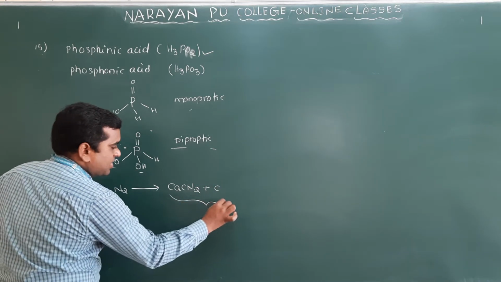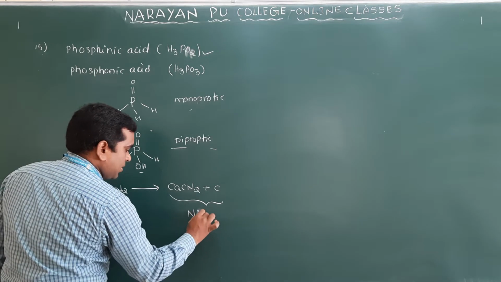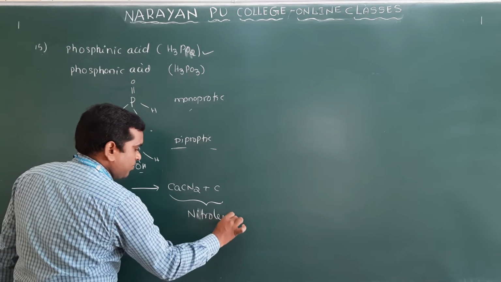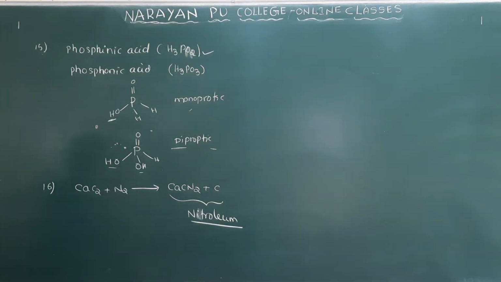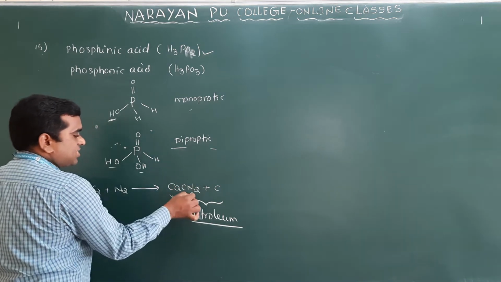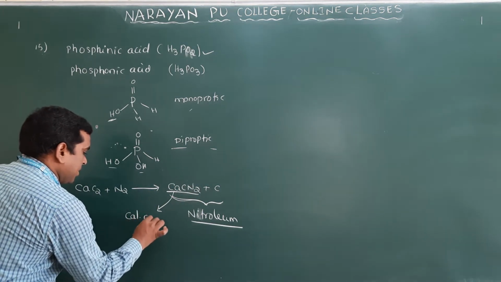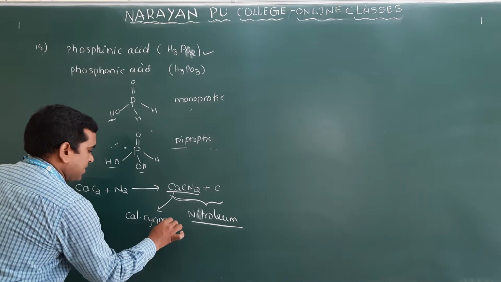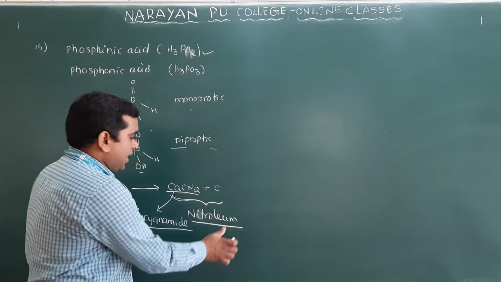This mixture is called nitrolim, used as a fertilizer, and CaCN2 is called calcium cyanamide.